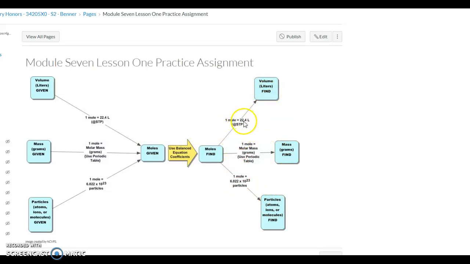And notice that if you're doing volume for gases at standard temperature and pressure, you can do 1 mole equals 22.4 liters, molar mass when you're going to grams, and then Avogadro's number if you're going to or from particles, formula units, molecules or ions. So let's go back to the problem.